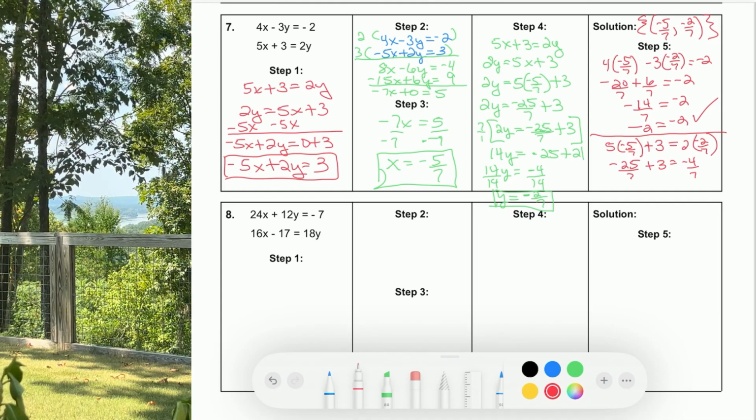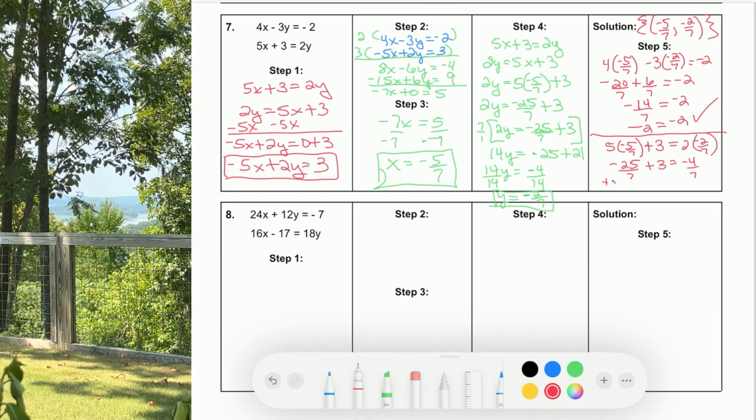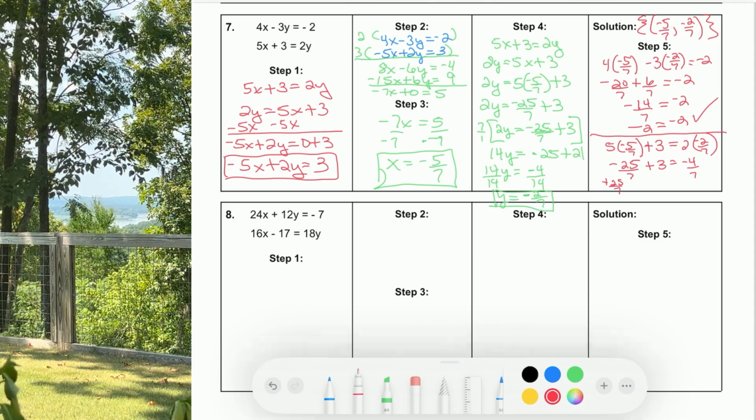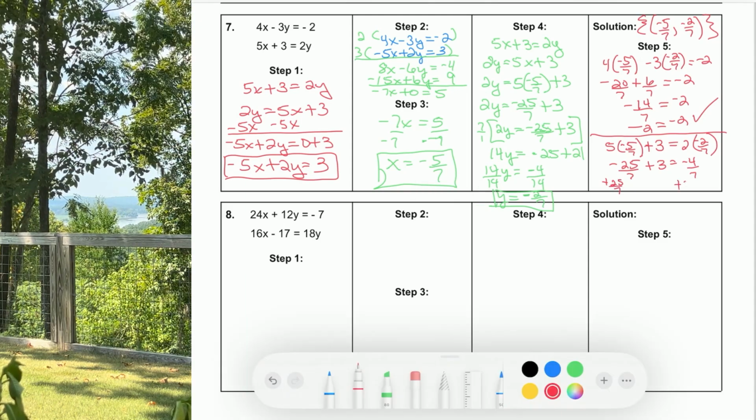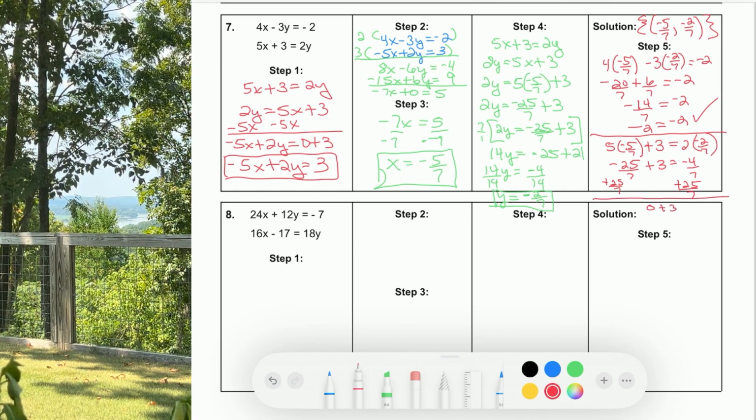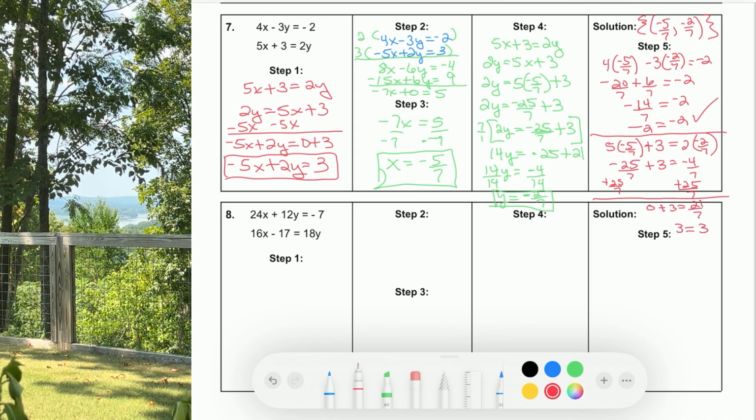No, I think I'm just going to go ahead and add 25/7 to both sides. And what that gives me is 0 plus 3 equals 21 over 7. And that becomes 3 equals 3. So that is in fact correct because that 21 over 7 reduces to 3. So we have the correct answer.